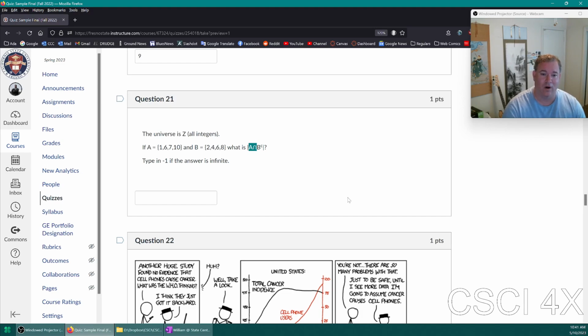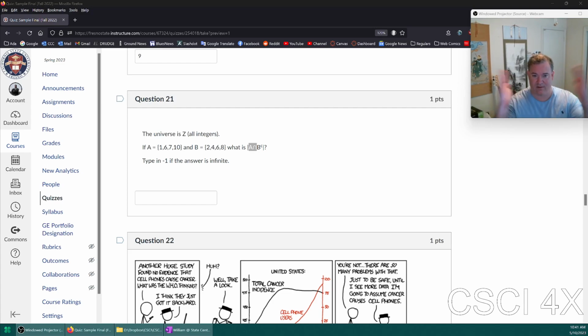Very good. 1, 7, and 10. There are 3 elements that are in A that are not in B. 6 is in B, so it doesn't count. Then you count, because we got the vertical slashes there. So the answer is 3.